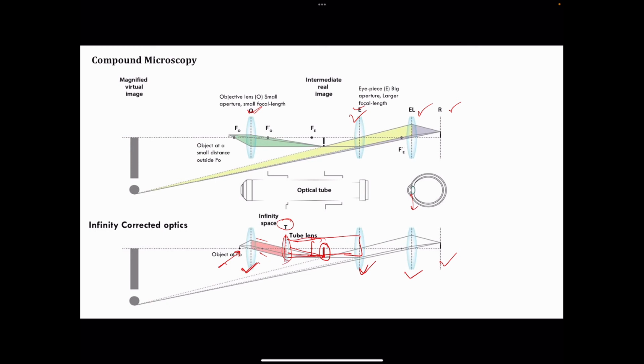And the introduction of all of these different optical elements has to be done in the infinity space which is created in the optical tube, in between the objective and the eyepiece.